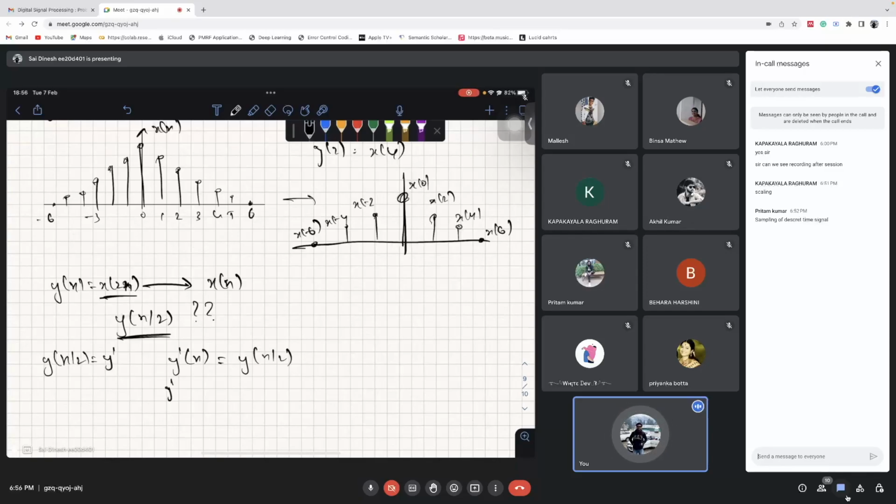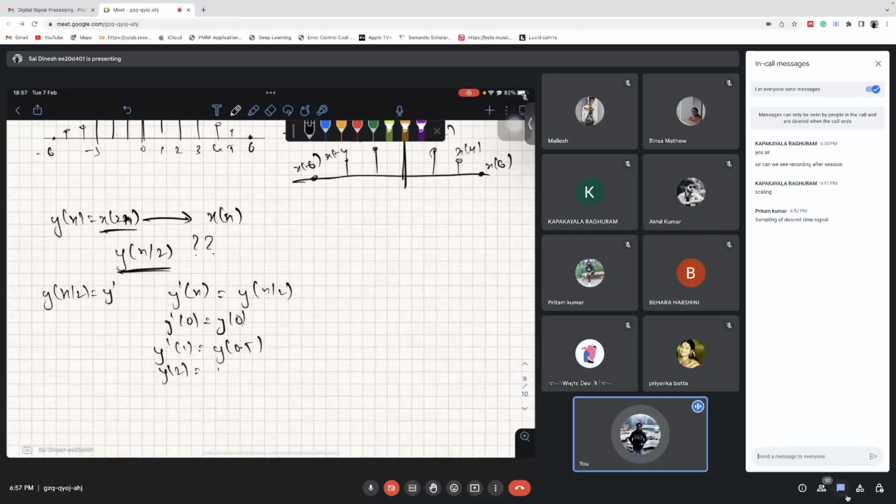So y dash of 0 would be y of 0, y dash of 1 would be y of 0.5, y of 2 would be y of 1, y of 3 would be y of 1.5, y of 4 would be y of 2. But these samples that you see here are not defined at all.